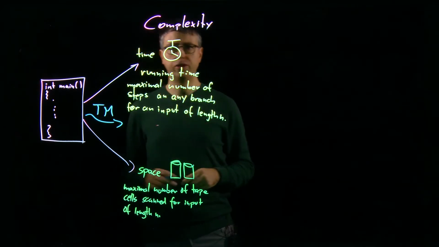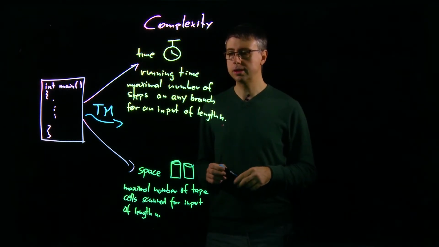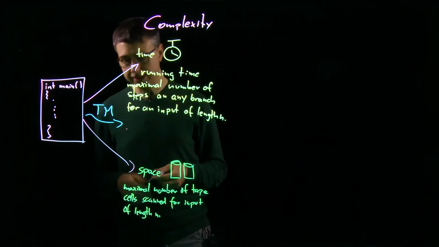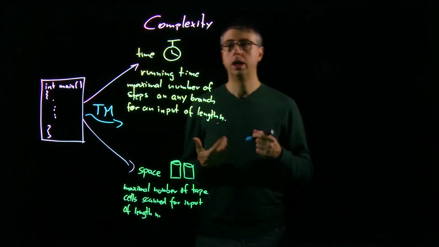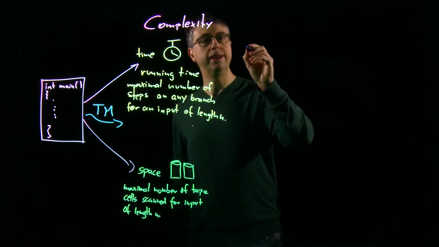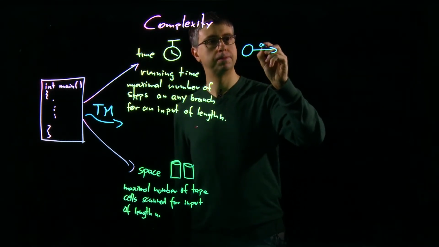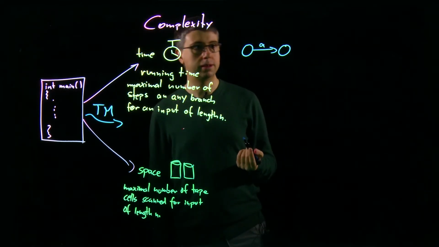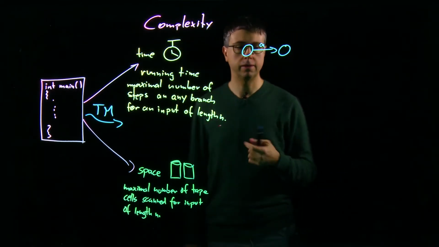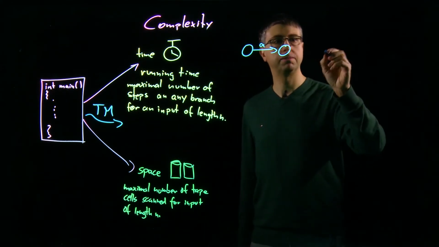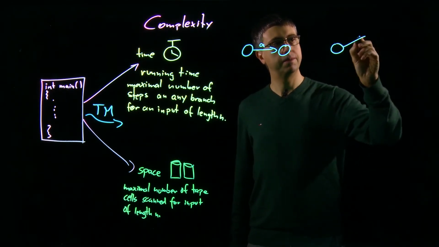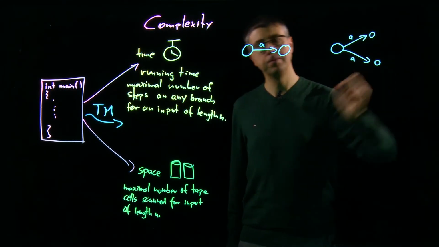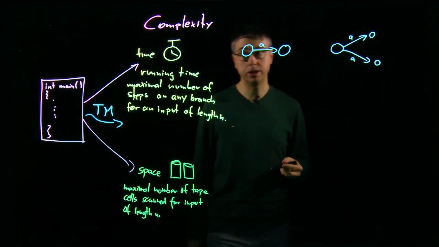So we have two types of resource, time and space, and we will make a distinction between, on the one hand side, deterministic algorithms. If it's deterministic, for every state you have only one successor, and this successor is uniquely determined. Or if you allow something like guessing, so if you have non-determinism, things might be different.